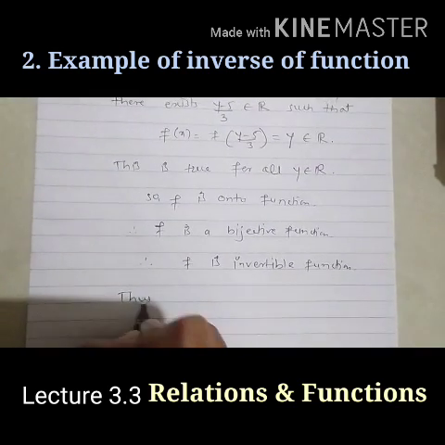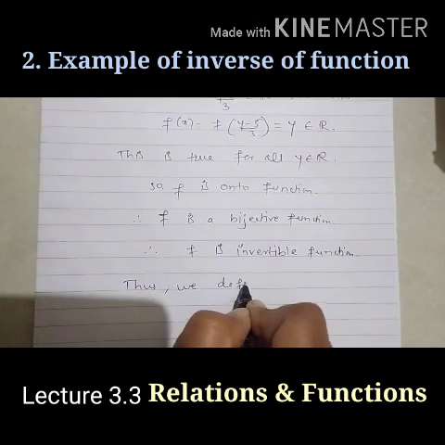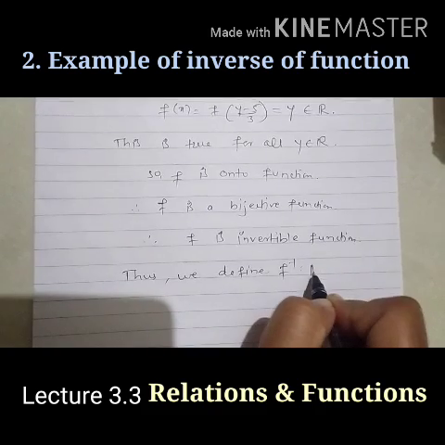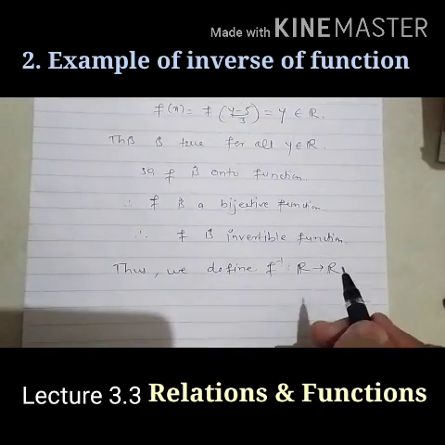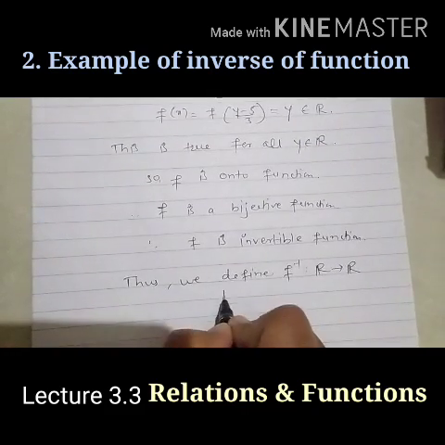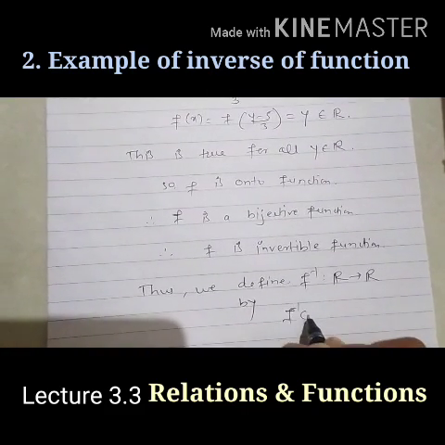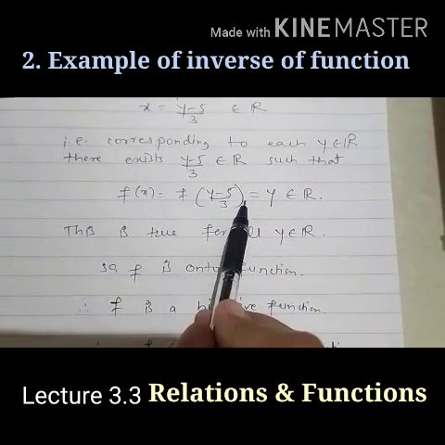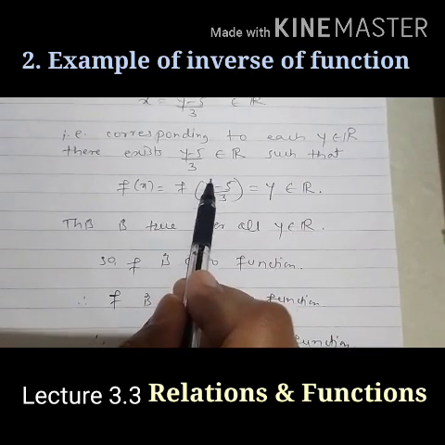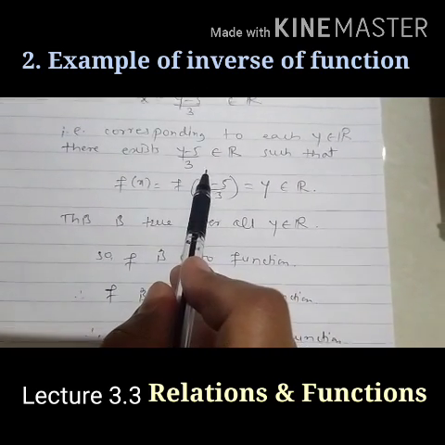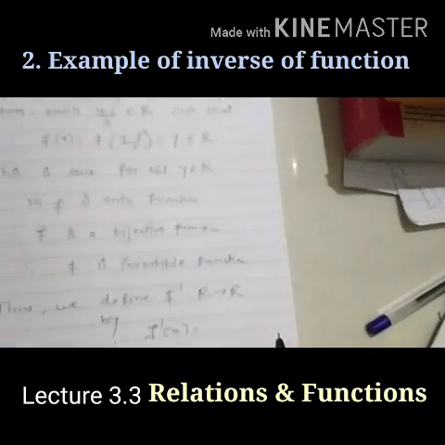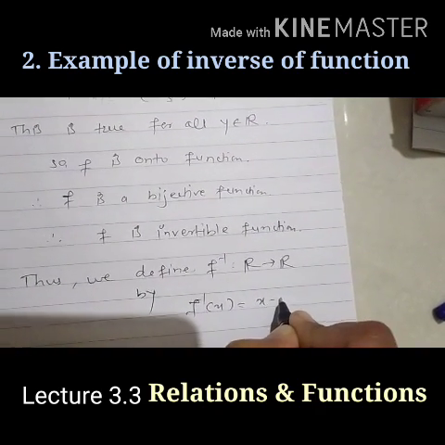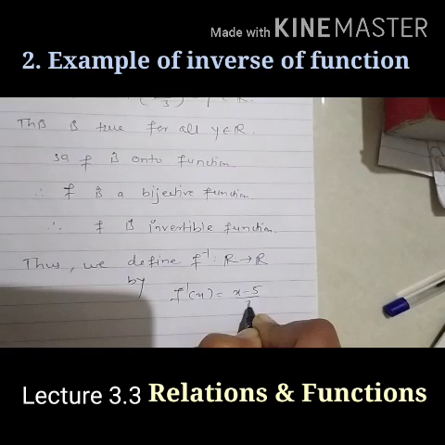Thus, we define f inverse from R to R. Now domain and codomain get interchanged, defined by f inverse of x. Now see student, whatever we have taken, f of (y minus 5) by 3 is y. So this will be an element in the domain set of f. Okay, so f inverse of x will be (x minus 5) by 3.